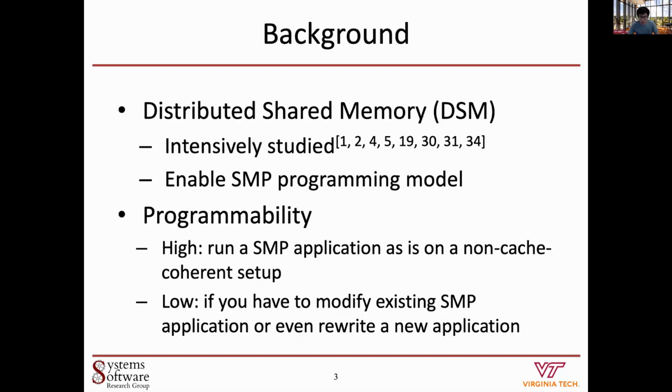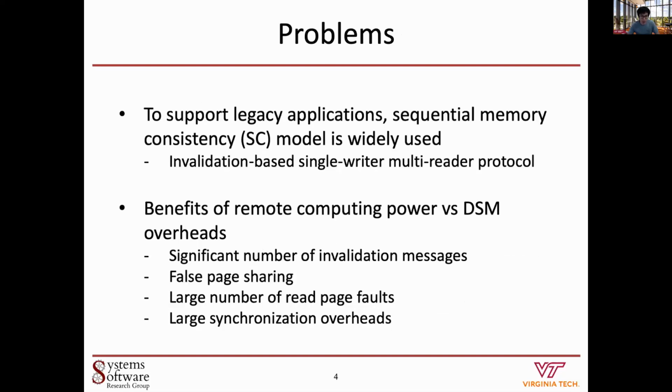It is the gold standard among DSM models. However, we found several bottlenecks in previous works, such as significant numbers of write invalidation messages, forced page sharing, large number of read page faults, and the large synchronization overhead.